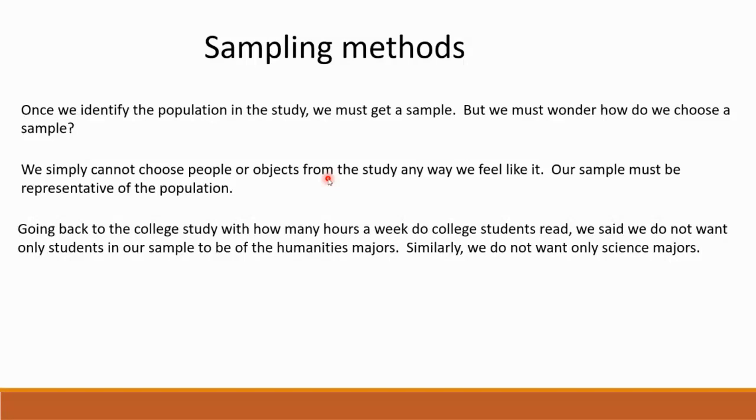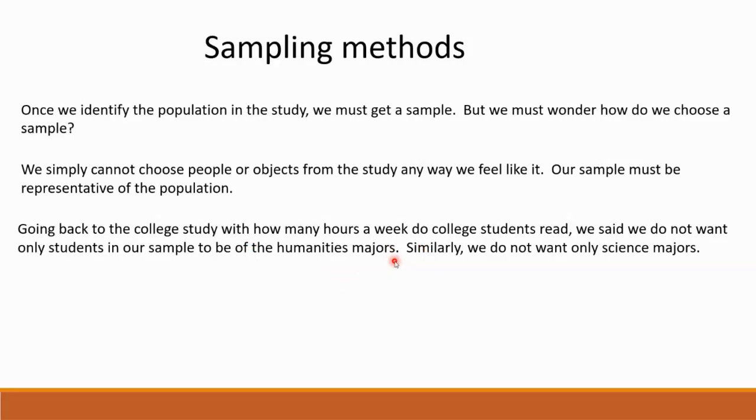You don't want the sample to just have seniors or only students that are majoring in humanities majors, right? You want to make sure it's representative of the entire population.